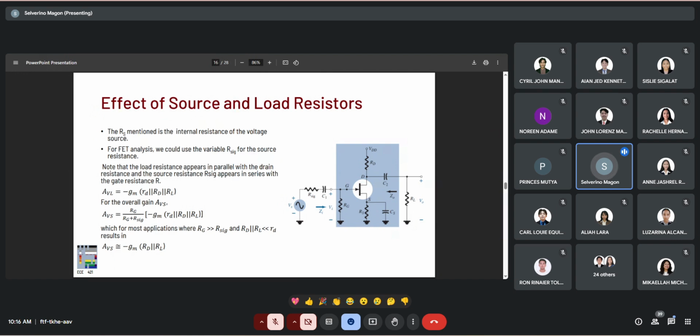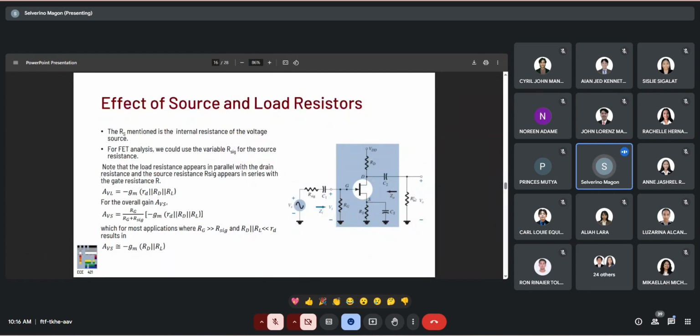For the overall gain, AVS, that's the loaded voltage gain times the voltage divider factor, R sig and RG right here. For most applications, if the gate resistance is significantly larger than the R sig, approximation can be applied.